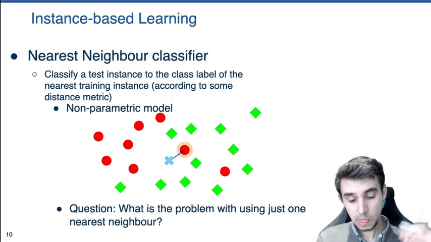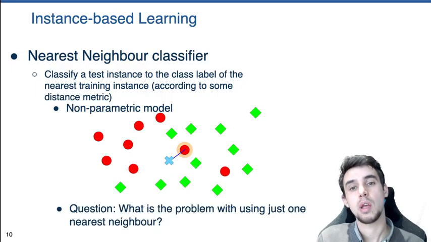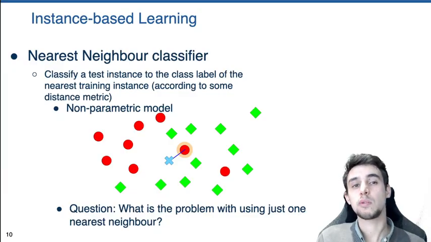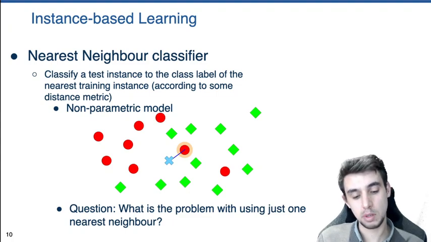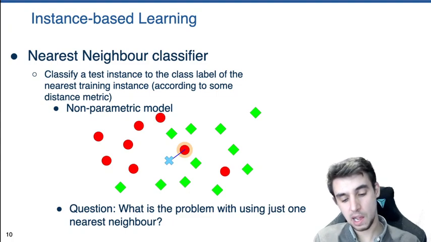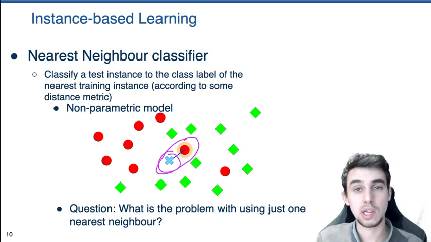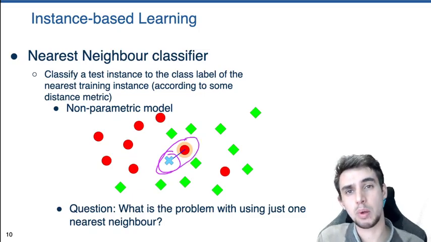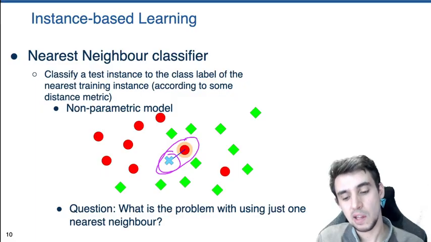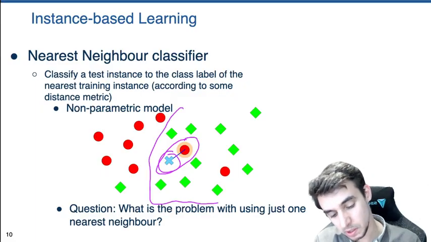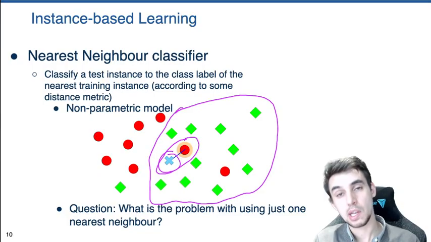The question now is, what is the problem of using just the nearest neighbor, and why not more than just one? You can easily get a feeling for this, because the red dot here might be just one sample that is a bit lost in this bigger pack of green squares.